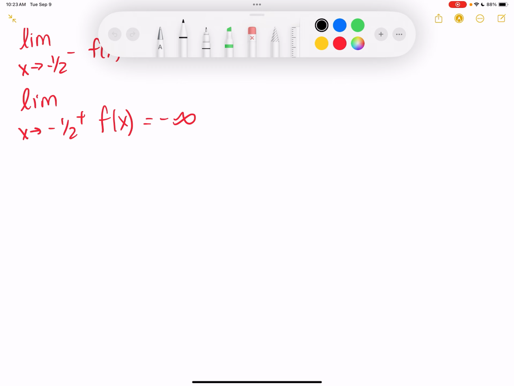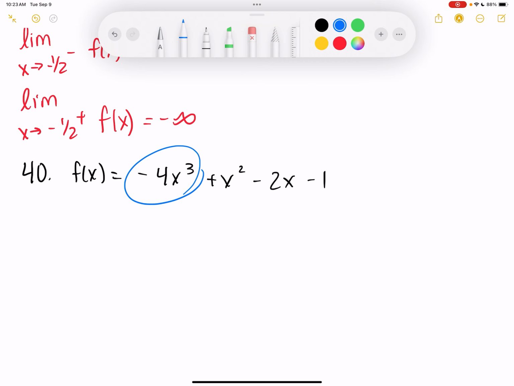So number 40, f of x is equal to negative 4x cubed plus x squared minus 2x minus 1. Obviously this one's not a fraction, so all I care about is this piece right here. When I want my power function, all I'm doing is writing down the number with the variable.